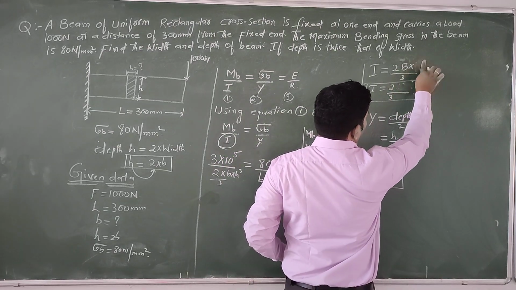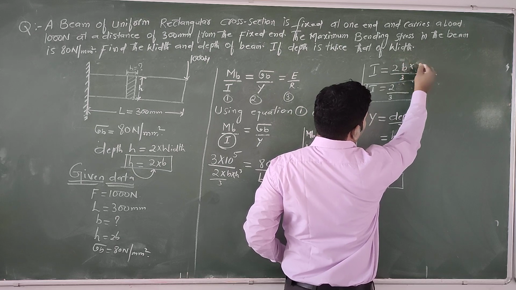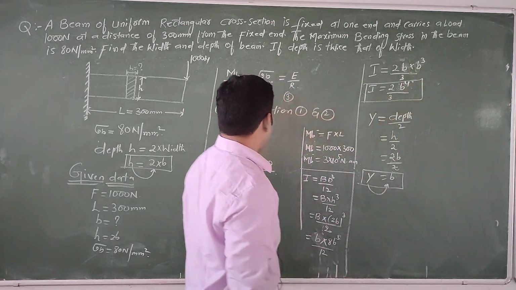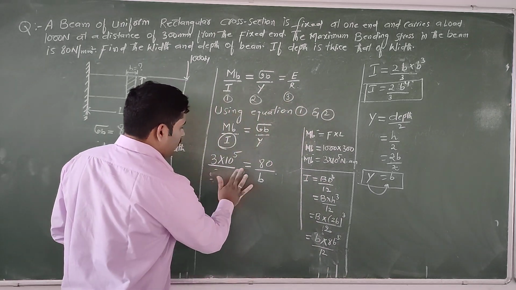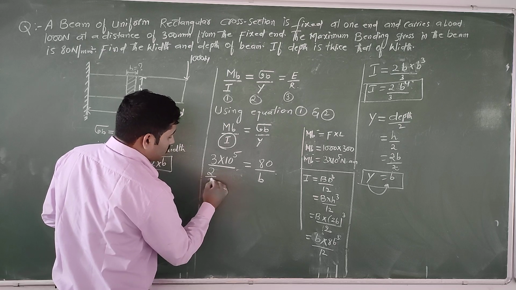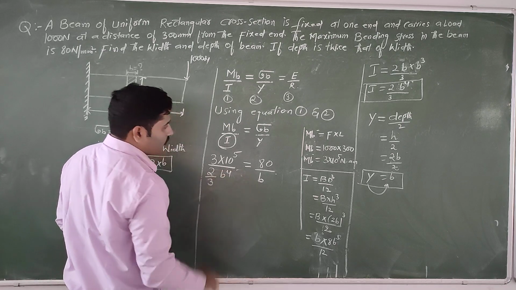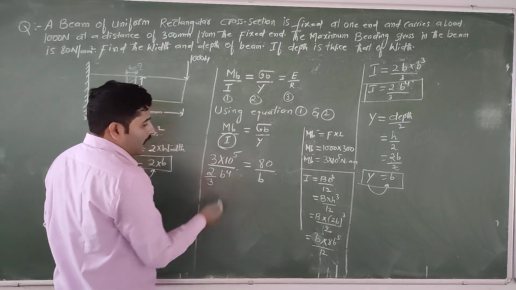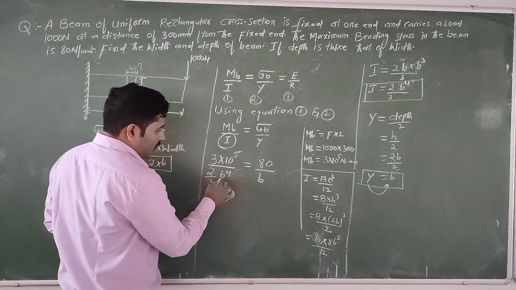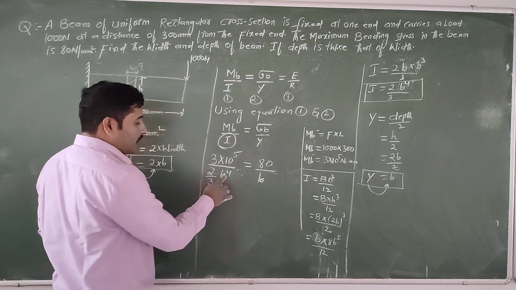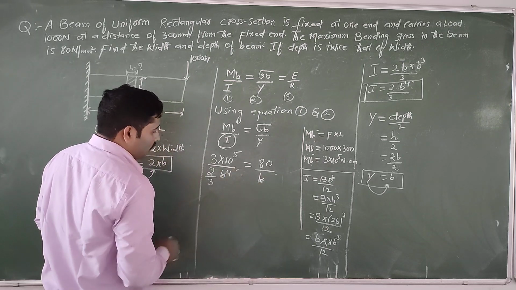That is the value of 2 by 3 b power of 4. Then if you cross multiply this term, b and b will cancel, the remaining should be b cube. Is it right?